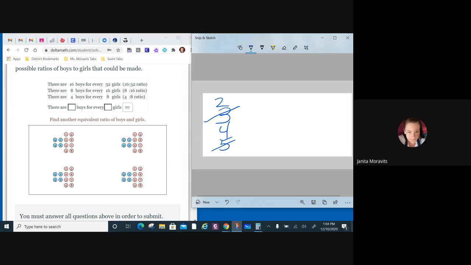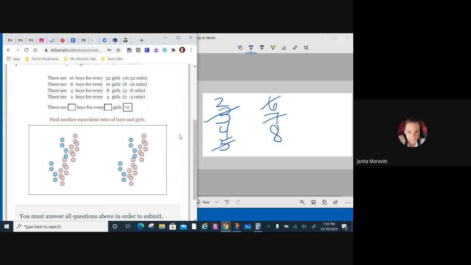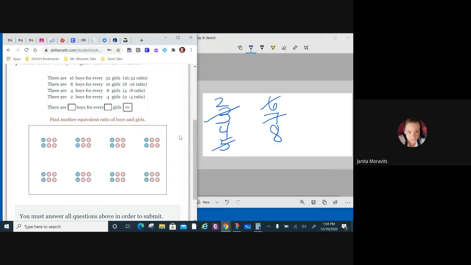No, 5's not going to work. How about 6? 6 won't go into 16 or 32, so 6 doesn't work. 7 doesn't work. How about 8? Well, yes, 8 goes into 16 2 times, and 8 goes into 32 4 times. So we can try that. All right, so 8 worked.